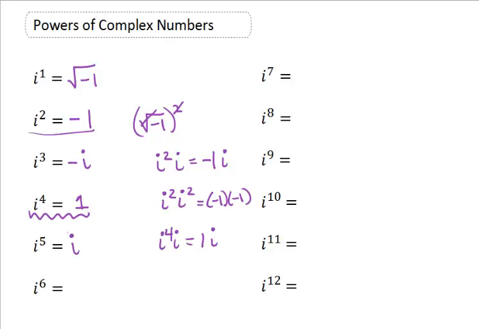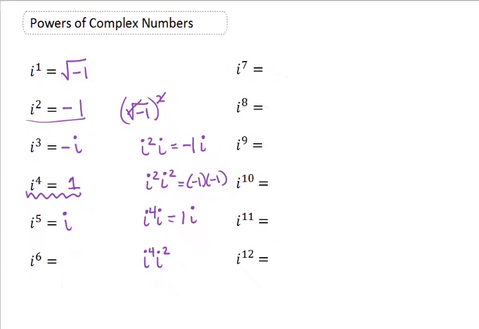i to the 6th. I can break that down any way that I want. I'm going to split it as i to the 4th times i squared. i to the 4th we know simplifies to 1, and i squared simplifies to -1. 1 times -1 gives me -1. i to the 7th. Let me split it as i to the 4th times i to the 3rd.